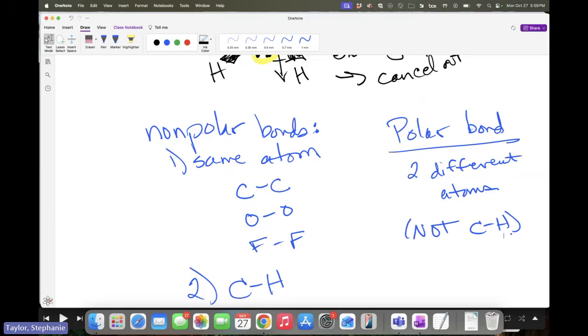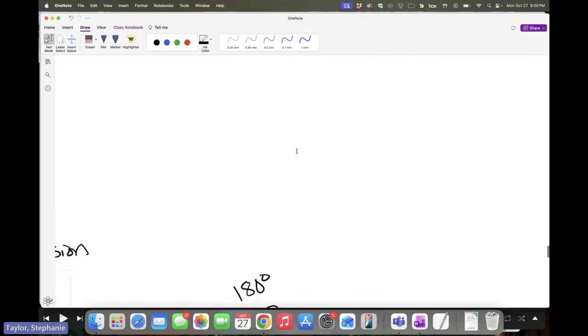That is technically an incorrect statement. But the purpose of this course is to get y'all to get a general idea of polarity. So we're not going to give you electronegativity values. You are supposed to look at the periodic table and have a general idea of where fluorine is, and therefore what atoms are more electronegative than others.